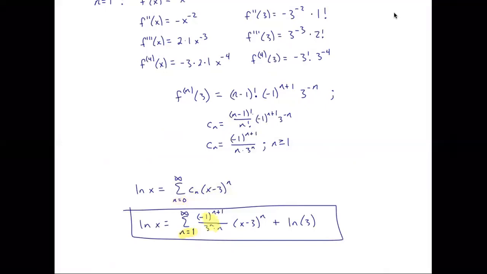We write down our c sub n as is. We've got it right here. And then we have x minus 3 to the n, and that's exactly what we write right here. And to take care of our 0th term, we just add natural log of 3 outside of this power series. So this is the Taylor series of the natural log of x centered at 3.